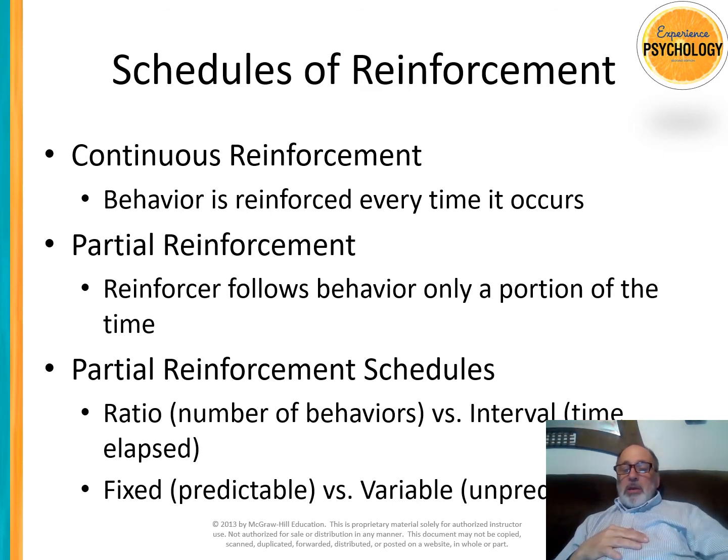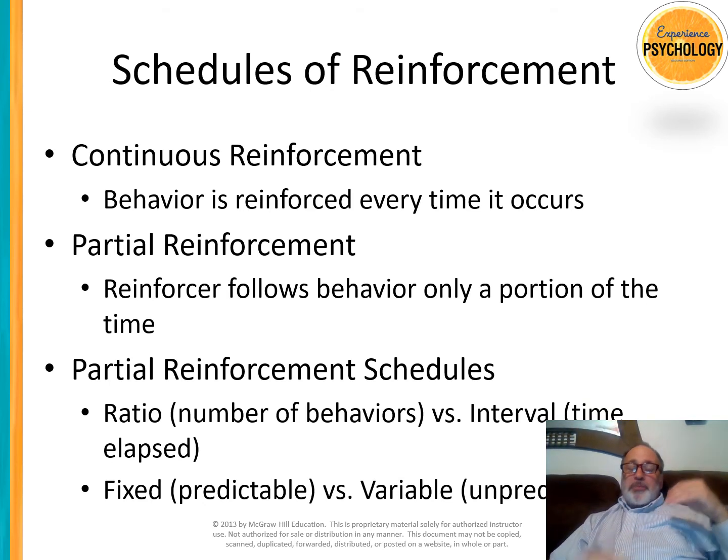It can be the same number of times as in the fixed, but with the variable, when they don't know they're going to get the money or the reinforcement, they will do the behavior more often, and they will also do it long after you've taken the reward away.